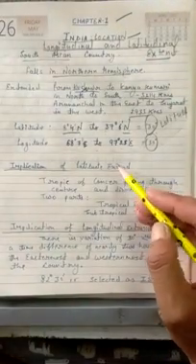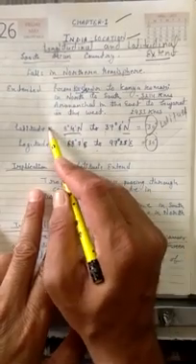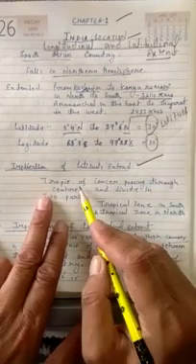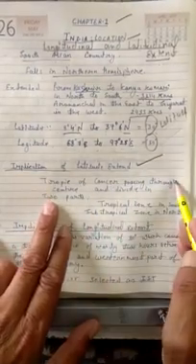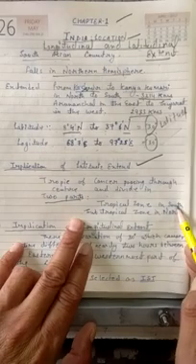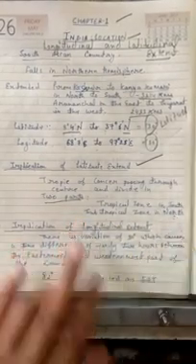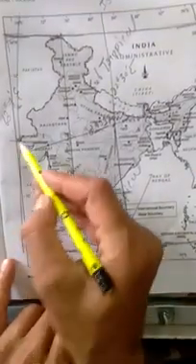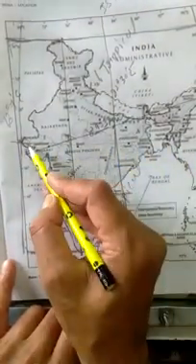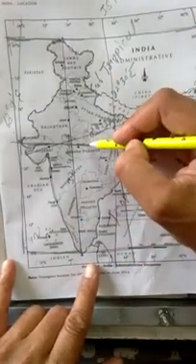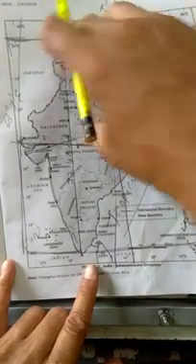Now see the implication of these two things, latitude and longitude. First, the implication of latitudinal extent. As you know, the Tropic of Cancer passes through India's center and divides it into two parts: tropical zone in the south, subtropical zone in the north. If you see the map of India here, this Tropic of Cancer passes through India's center, and the part to the north of it is subtropical climate.